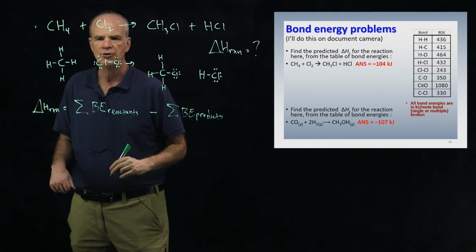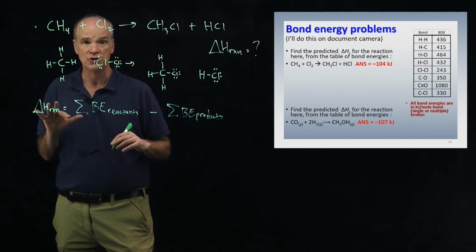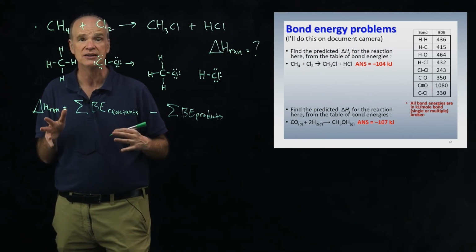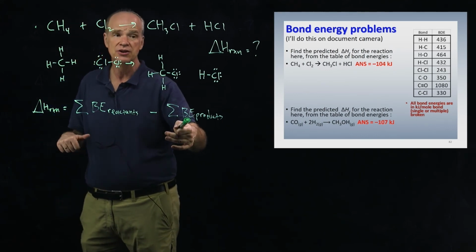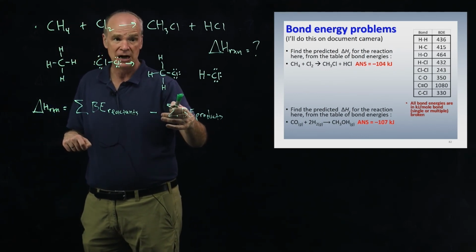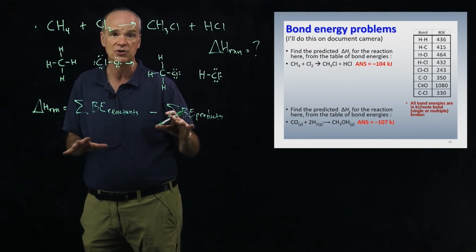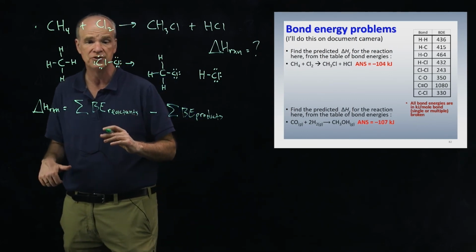Okay, so we have to figure out the bonds that are being broken in the reactants, and we have to make sure we know the correct number of them, and then we'll look up their values in the table. We also need to know the kinds of bonds that are being formed in the products, and we have to know the number of those bonds that are being formed and look up their values in the table. So let's go ahead and go through this process.